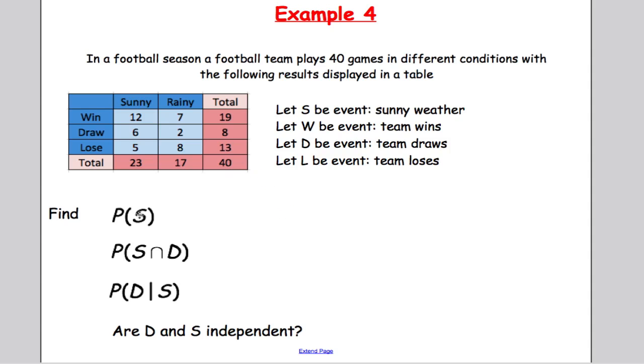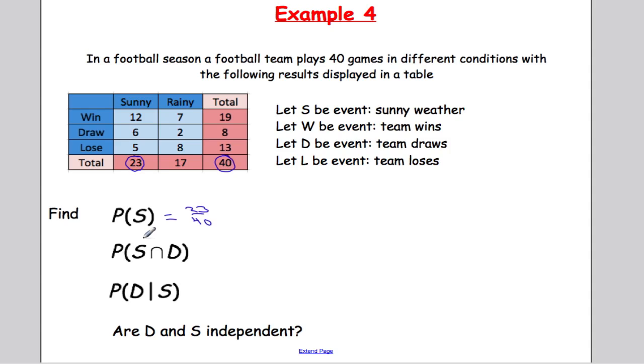We need to first of all find the probability that it's sunny. Well, in the season, we've got 23 sunny games out of 40 games. That means the probability that it's sunny is 23 out of 40.